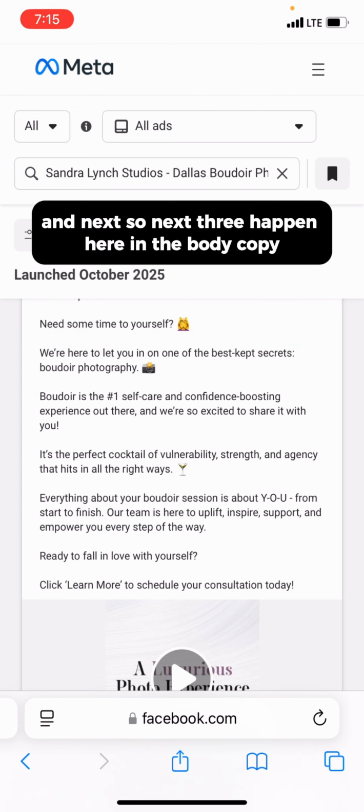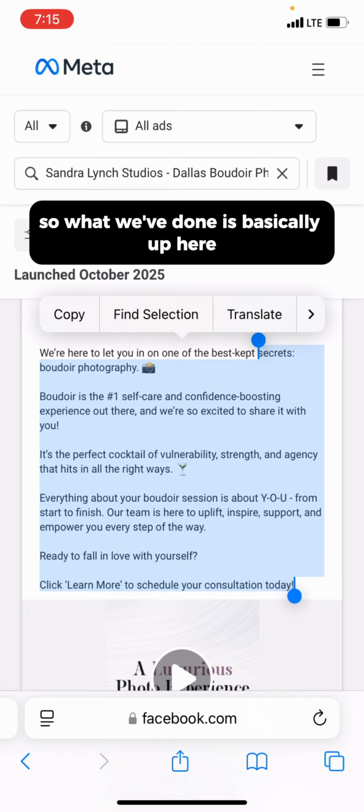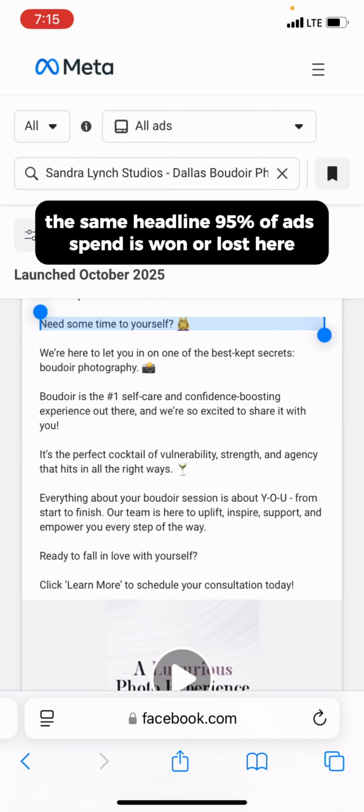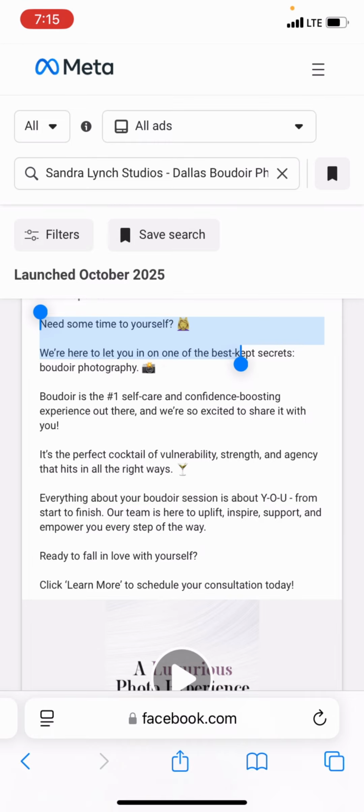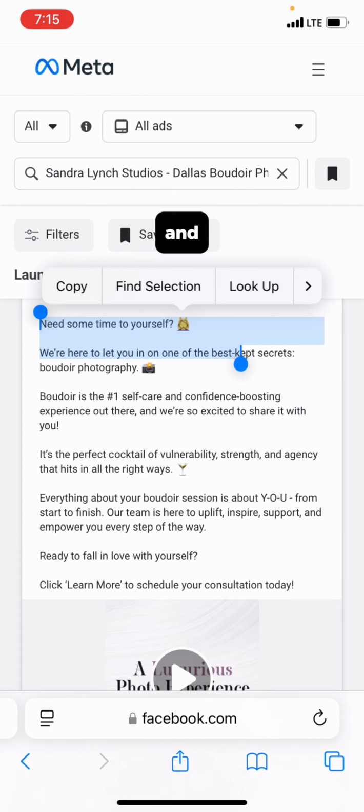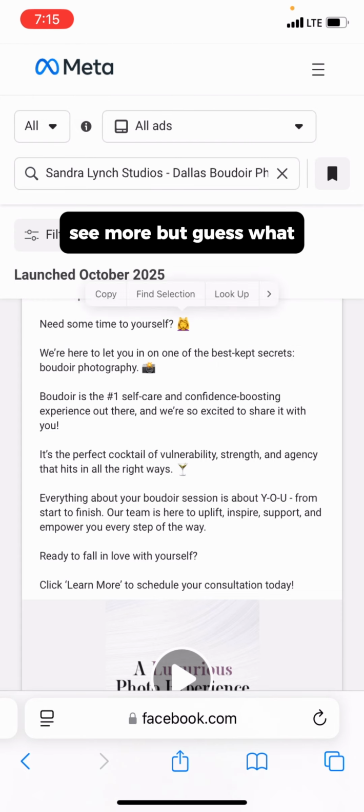The next 3 happen here in the body copy. What we've done up here, the See More headline, is where 95% of ad spend is won or lost. Honestly, more like 97 to 98%. Okay, we got them to click See More. But guess what?